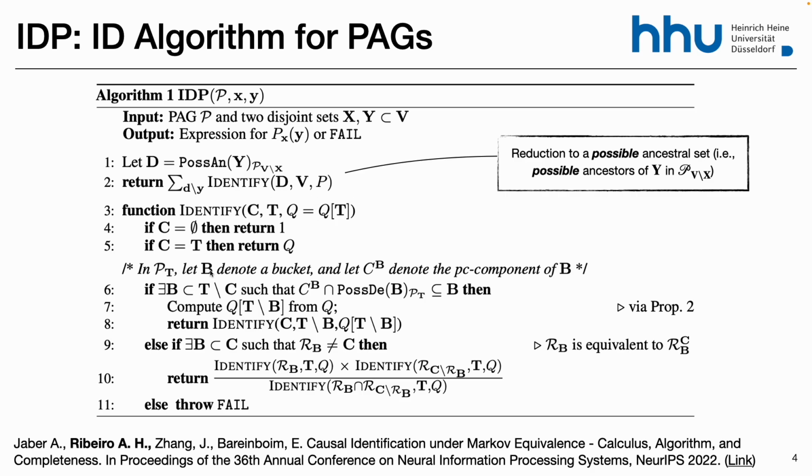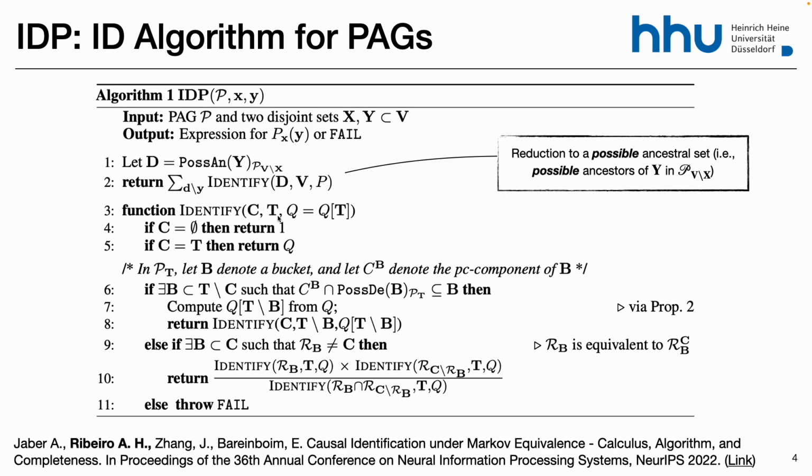The identify function is going to try to compute QC given that you have QT available, right? You want the effect of every other variable on C, so that's QC, given that you know the distribution QT.